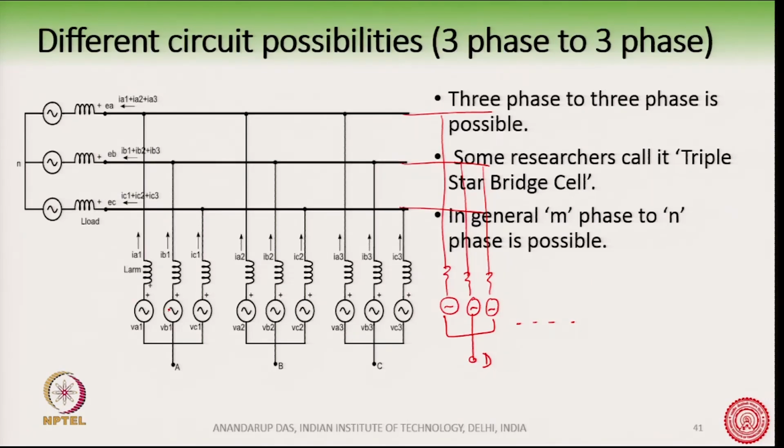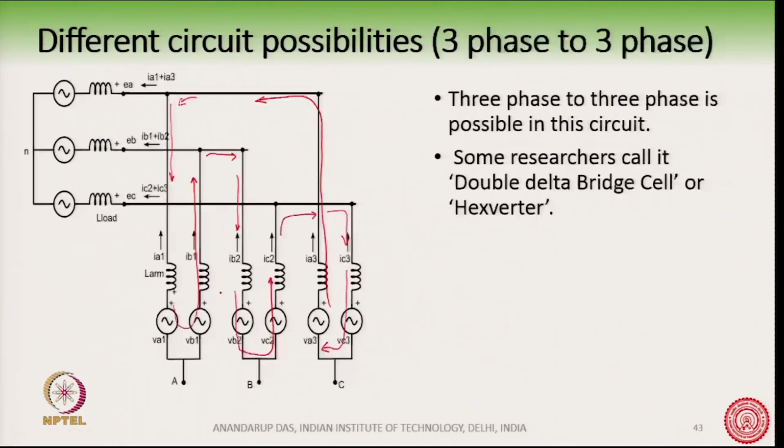But in this configuration we have 6 controllable voltage sources or 6 arms. Okay. And with these 6 arms it is possible to have a 3 phase to 3 phase converter. That is why the term hexverter came.